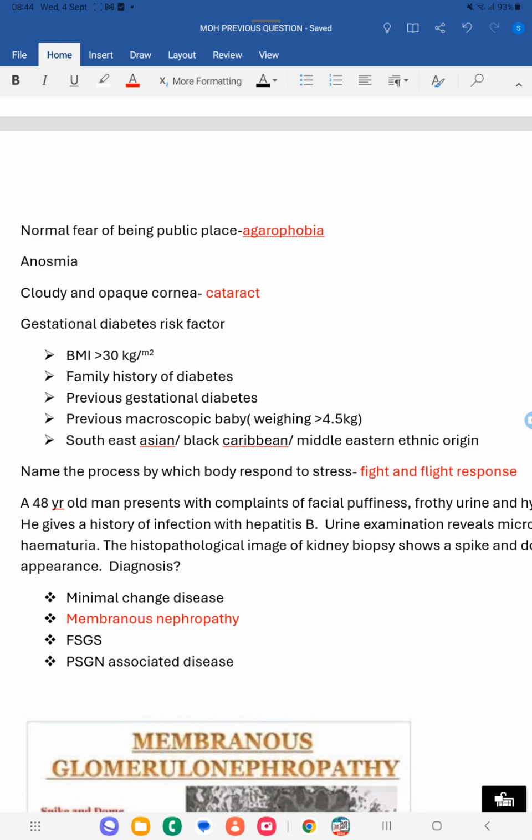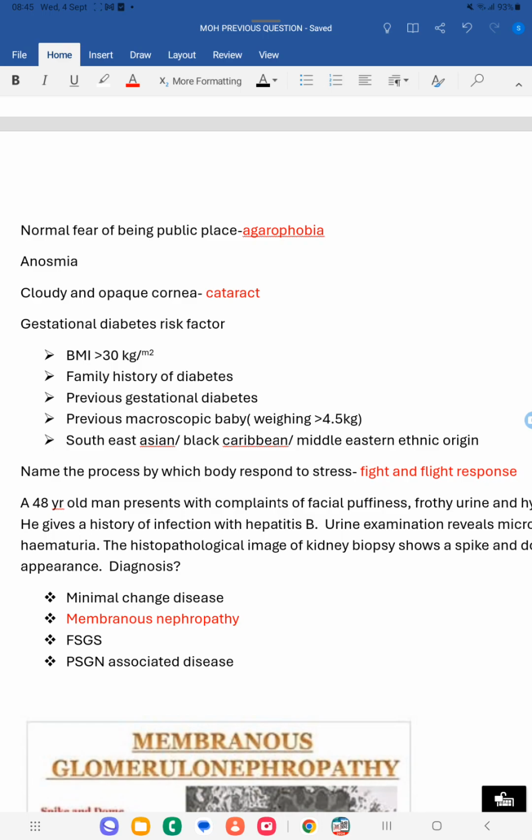BMI more than 30 kg per meter square, family history of diabetes, previous gestational diabetes, previous macrosomic baby, which means a baby of more than 4.5 kg born in the previous pregnancy, and Southeast Asian, Black, Caribbean, Middle Eastern ethnic origin. So these people all come under the category of risk factors of gestational diabetes.